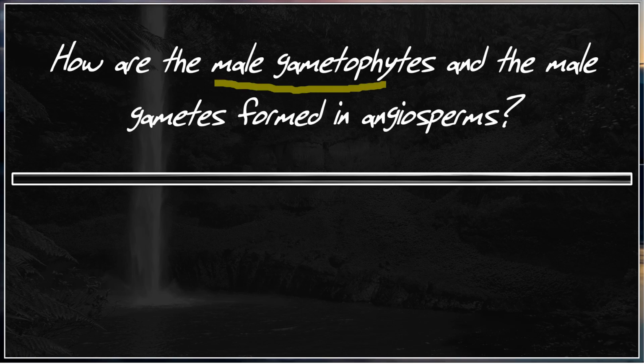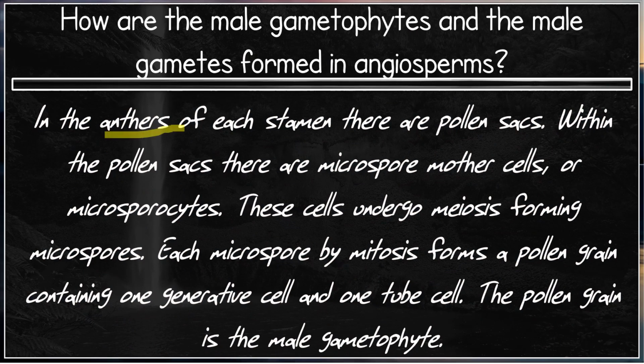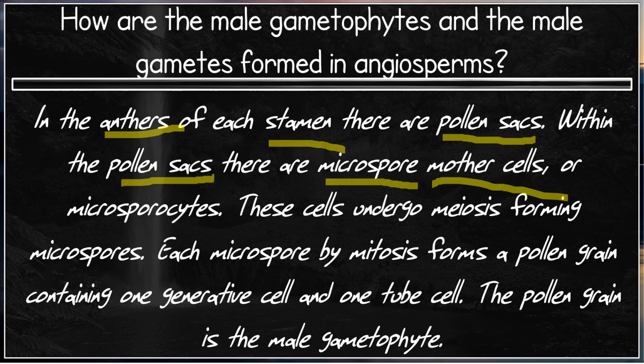How are the male gametophyte and the male gametes formed in angiosperms? In the anthers of each stamen, there are pollen sacs. Within the pollen sac, there are microspore mother cells, the microsporocytes.